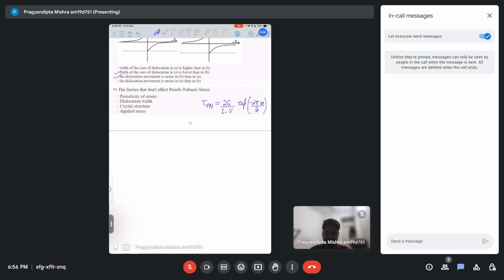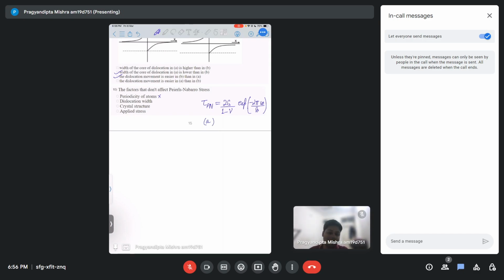The length with which the atom repeats itself. How much spacing is present between two atoms of same type. So this is wrong. It affects Peierls-Nabarro stress. So periodicity of atom, or a, affects the Peierls-Nabarro stress.